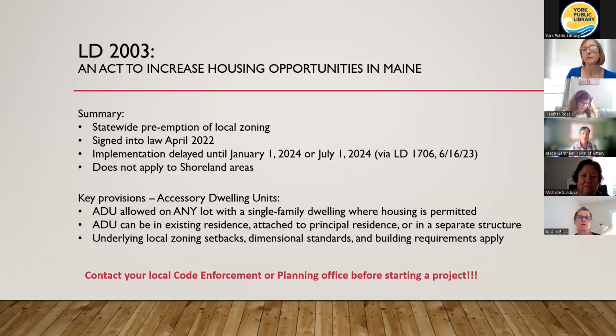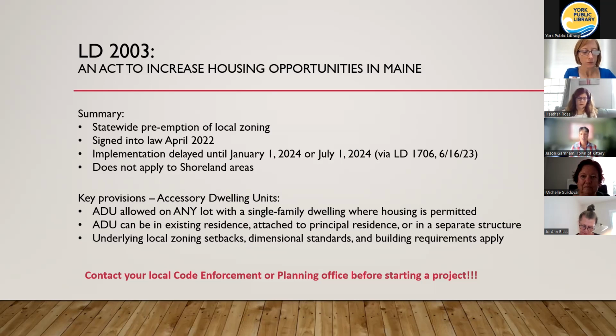For the purpose of this webinar, LD 2003 really has three separate components that are intended to increase housing opportunities in Maine, as the title of the bill contains. But what I'm going to talk about right now is the accessory dwelling unit provisions.